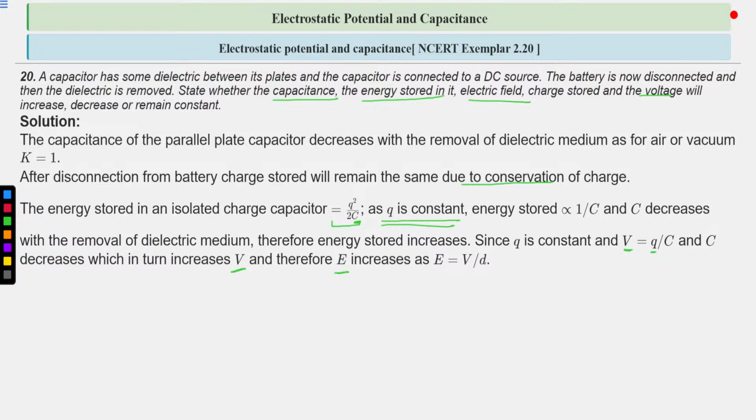So I will explain some more. This is the capacitor initially, having a dielectric between its plates of dielectric constant K. It is also connected to the battery.